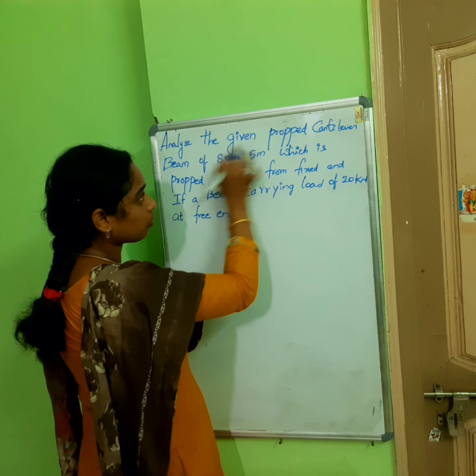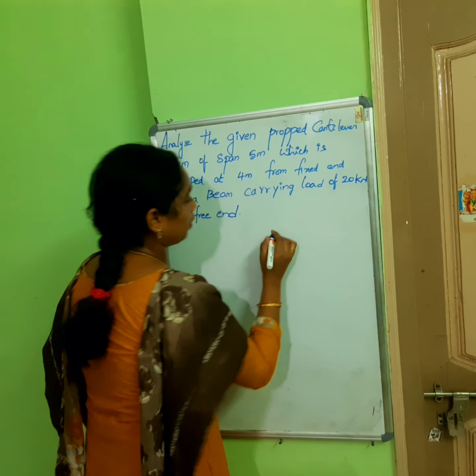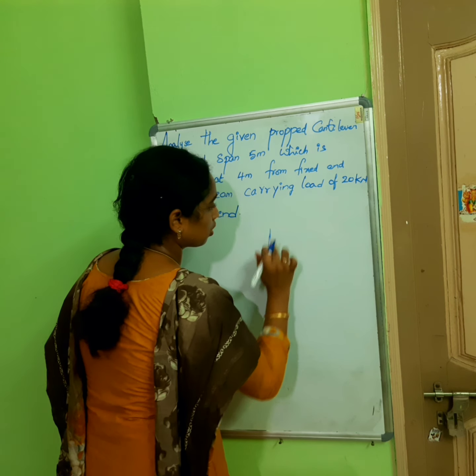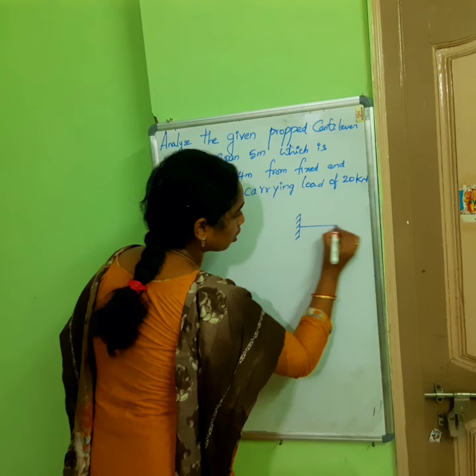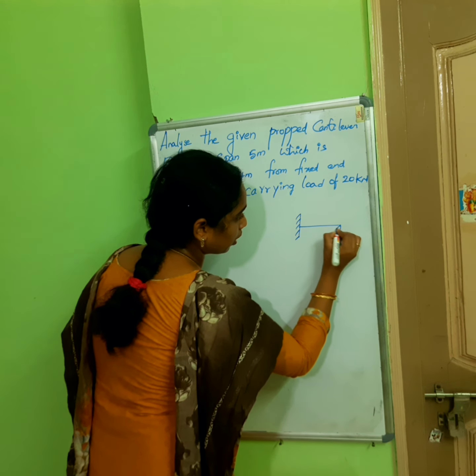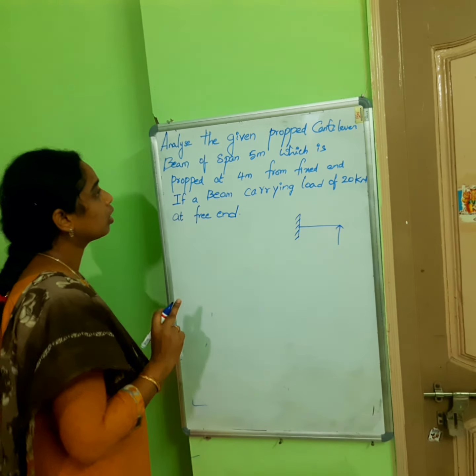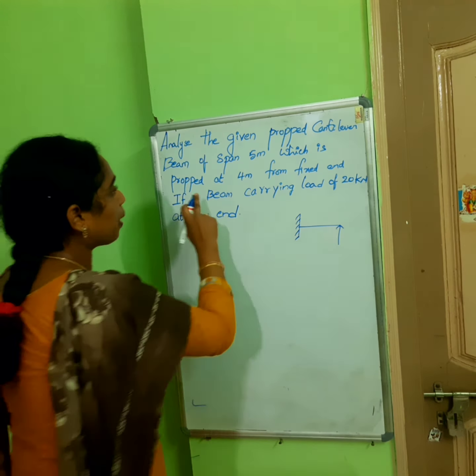See here, this is my propped cantilever. Of span how much? 5 meters, which is propped at 4 meters from the fixed end. That means up to the prop, the distance is 4 meters. Overall span is 5 meters.